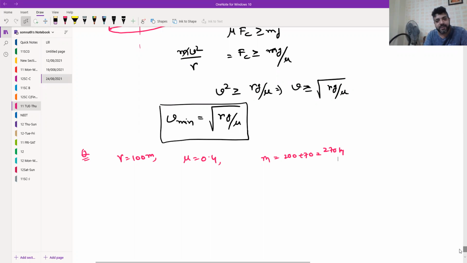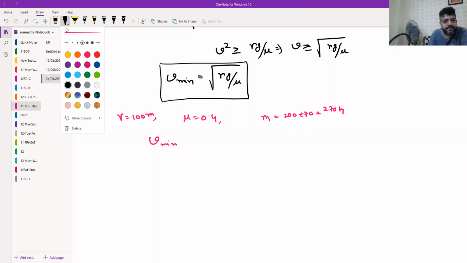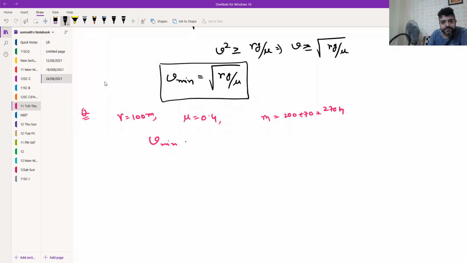So you can use a bike, four wheeler, anything, it doesn't matter, but you must maintain a minimum speed. And what is your minimum speed? Your minimum speed is root under rg by mu. That is R is 100, g is 10, mu is 0.4.